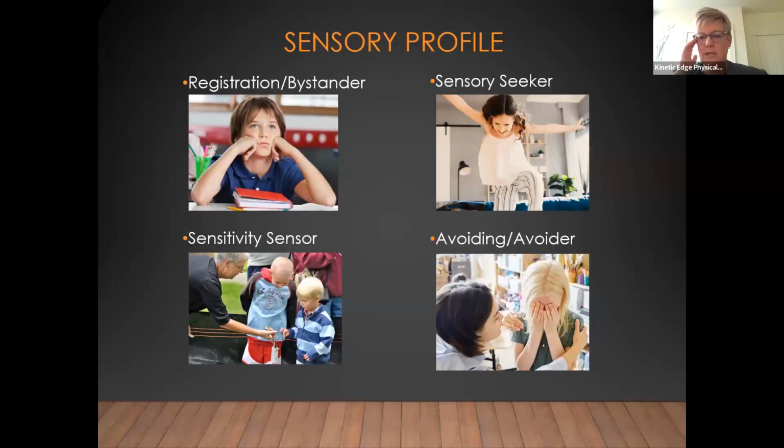So when we look at children in the clinic, we have parents complete a sensory profile, which just gives us more information about how the child is processing their sensory information. And so these are the four areas that we will see, and we're going to talk about all four of those.